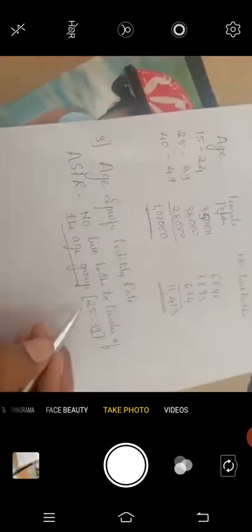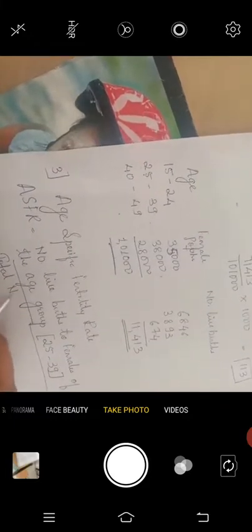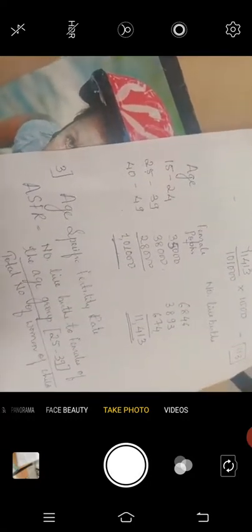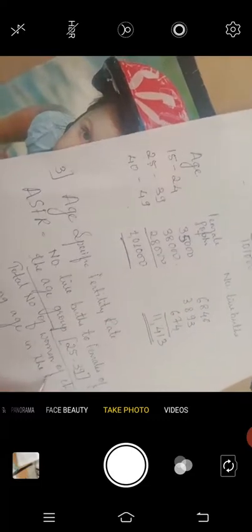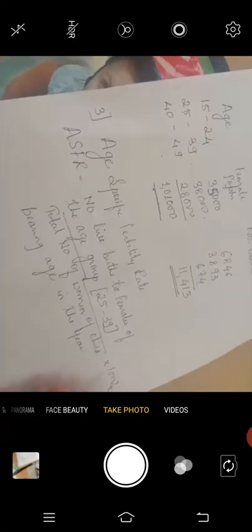This range they are told you to find, 25 to 39. Only this we want, a specific range, divided by total number of women of childbearing age in the year into 1,000.